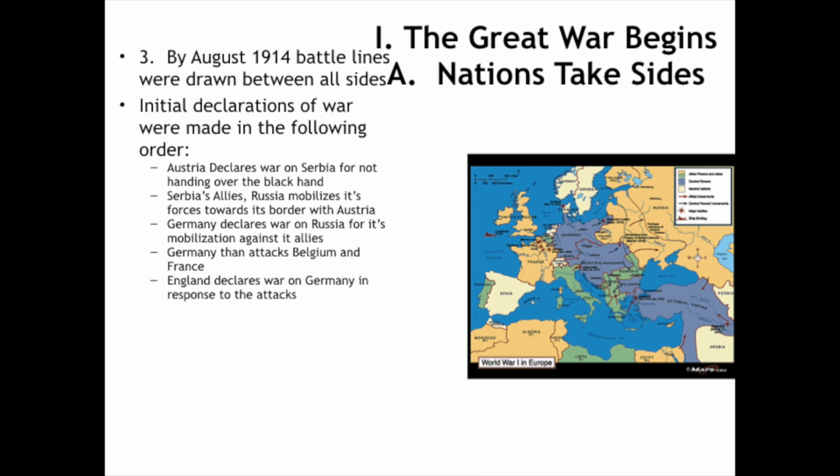Germany sees this as a declaration of war and declares war on Russia for its mobilization against its ally. Germany then attacks Belgium and France, and England declares war on Germany in response to these attacks, and thus the world is firmly entrenched in an extremely bloody affair.